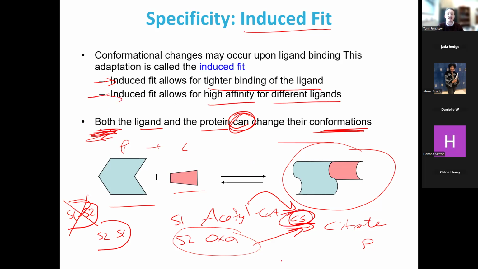So citrate synthase has a low affinity for acetyl-CoA until oxaloacetate binds, and then it has a high affinity for acetyl-CoA. So that's important. Induced fit changes both of them to influence the way that things bind. So we're going to move away from that a little bit, as this is going to be a bit of a patchwork of a bunch of things stuck together as we build up the definitions so we can go into the case study of hemoglobin next week.